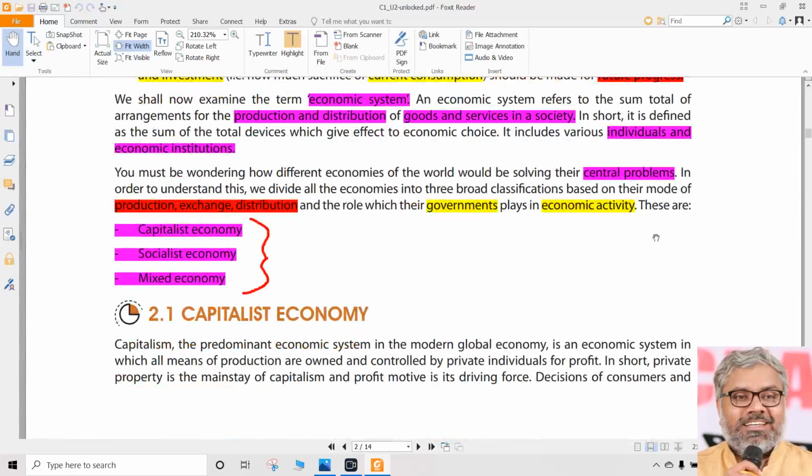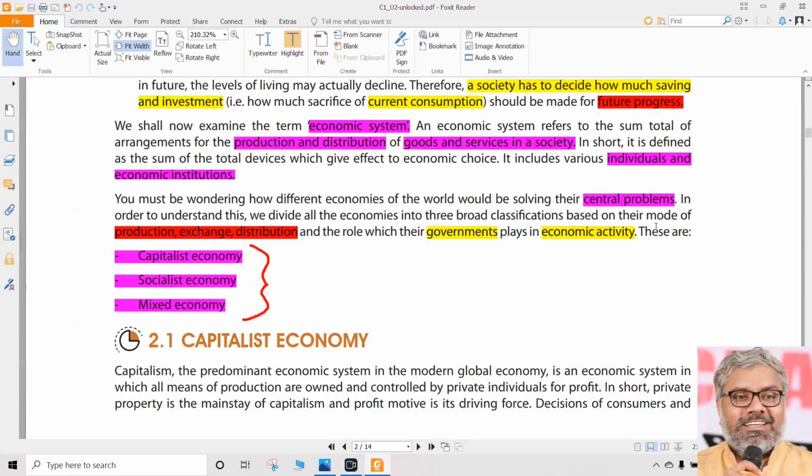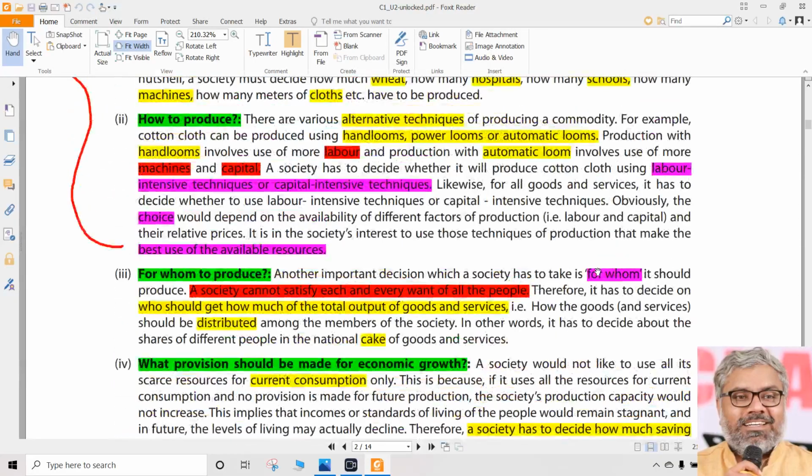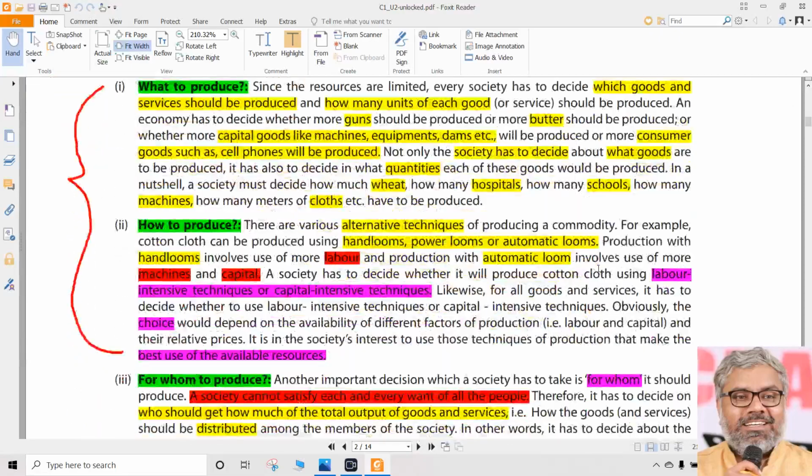So, it could be a capitalist economy or a socialist economy or a mixed economy. But the questions remain the same. What to produce includes how much to produce also, what quantity to be produced. That is in relation to the selection of goods and services which have to be produced in a society.